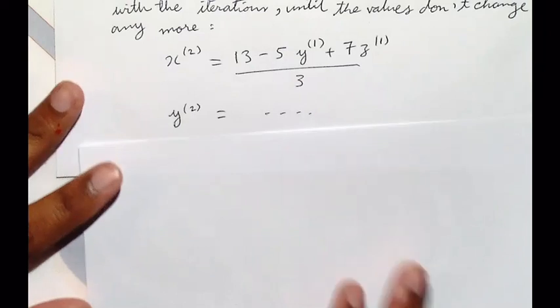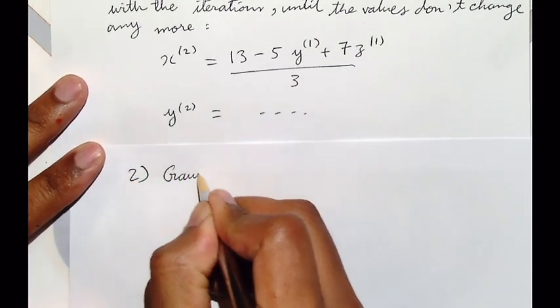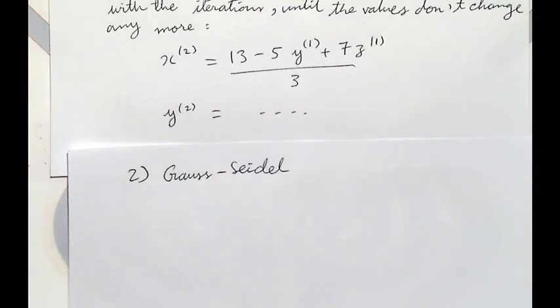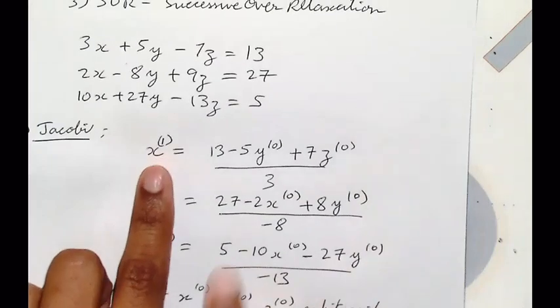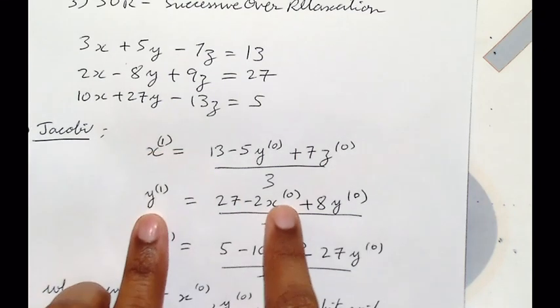Okay. Terrible method number 2, Gauss-Seidel. What do we do? Do you remember? When we calculate the new x, we use that while calculating the new y. So, we do something similar as here. But we've already computed x1. Why not use this x1 over here instead of this old value?